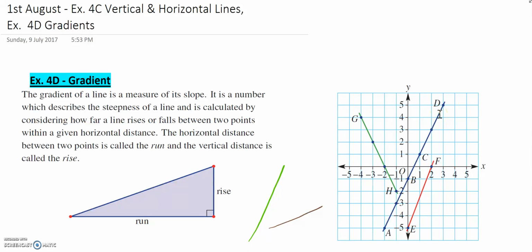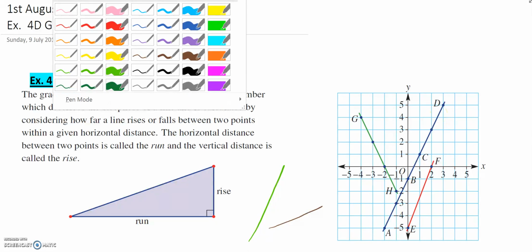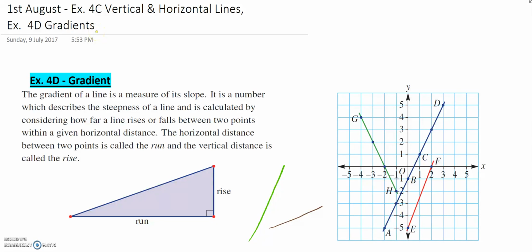Likewise, you can take a total of all of the amounts that you have gone up, and then take a total of all the amounts that you have gone across. That gives us the rise and the run of the line, which means how far you have gone up and how far you have gone across.